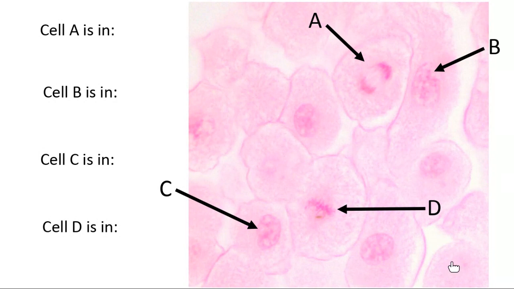I want you to work with your groups on identifying which phases of mitosis we see in these pictures. I'll give us again about 5 minutes to see if we can identify things. You might use the phases more than once, so don't be afraid if you're using something more than once.